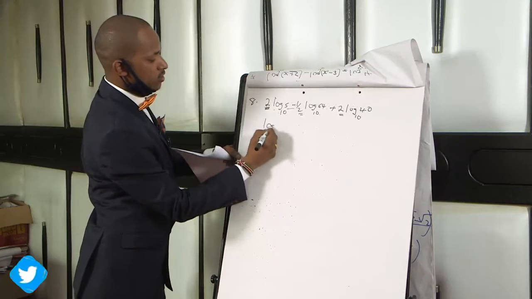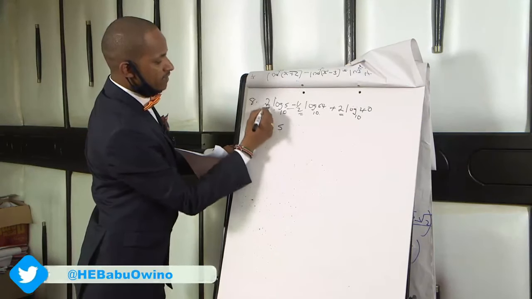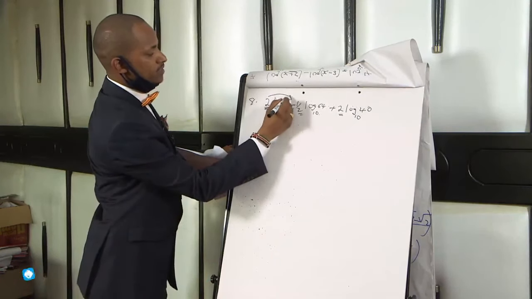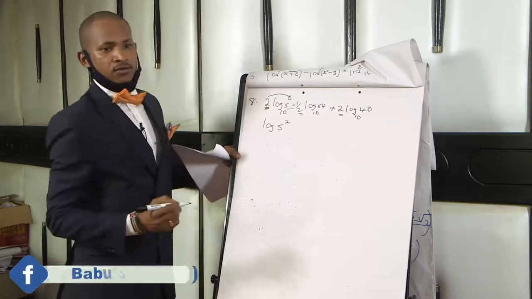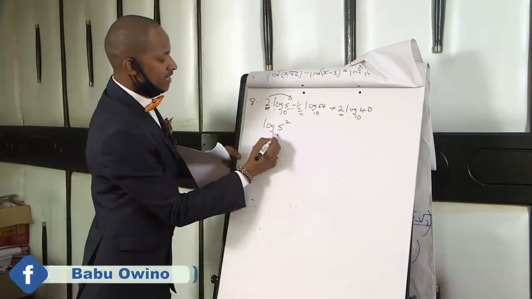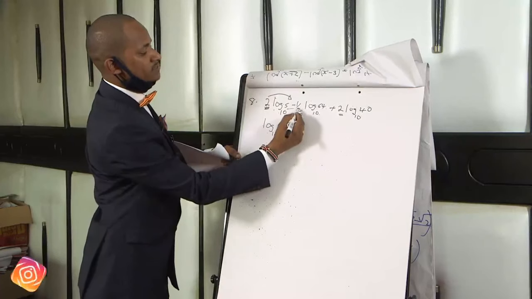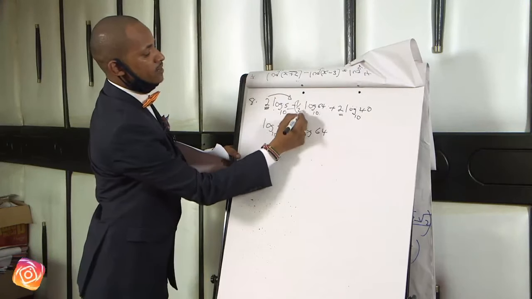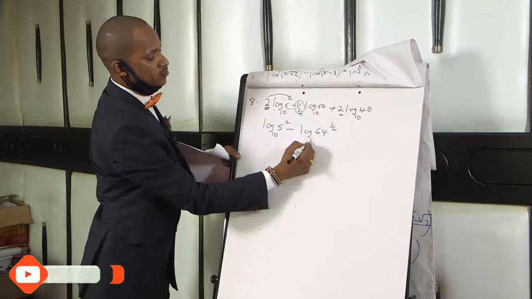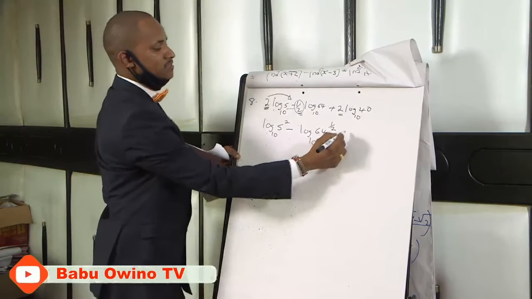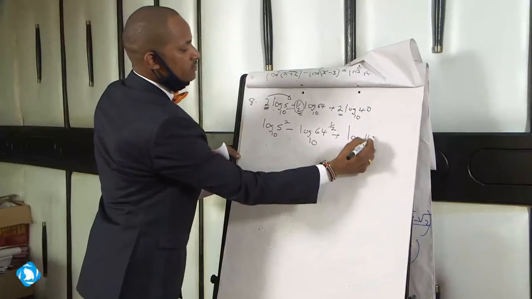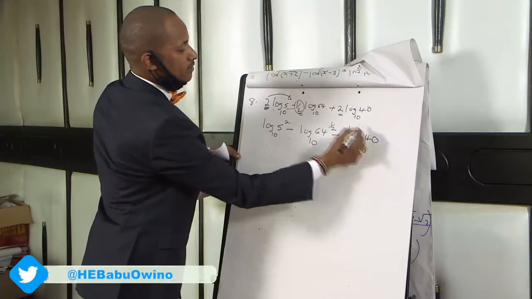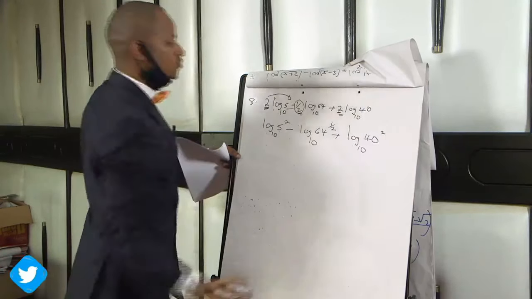It was log 5, then you just bring 2 up, it becomes a power. Log 5 raised to power 2, to base 10, you maintain the base, minus log 64 raised to power a half to base 10, plus log 40 to base 10 raised to power 2.